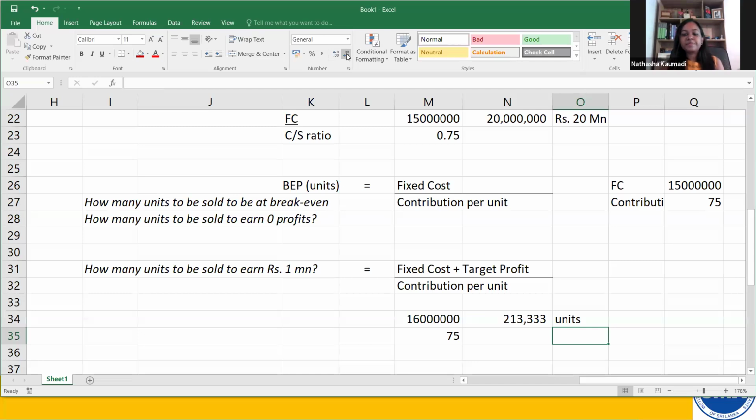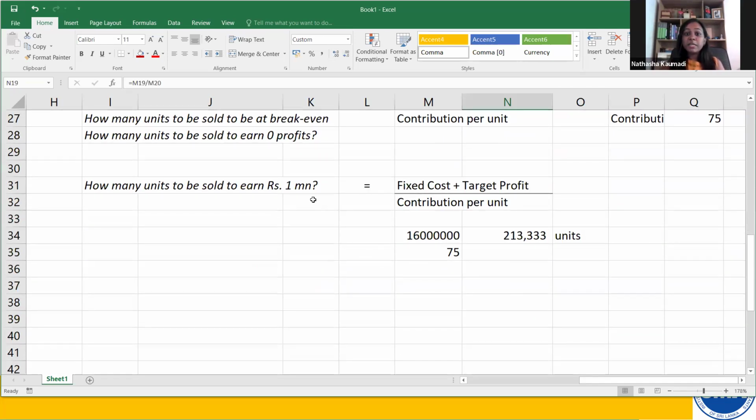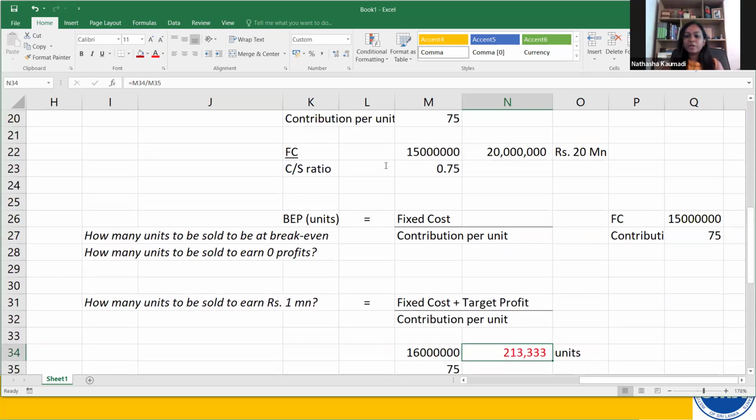Are you clear? Previously, to be at the break-even, you need to sell only 200,000 units. But if you want to make 1 million profit, you need to sell this many units. Are you clear with the concept? Did you get the same answer? Yes, no? 213,334 or 333 units. This is how you can plan your organization if you have a single product.